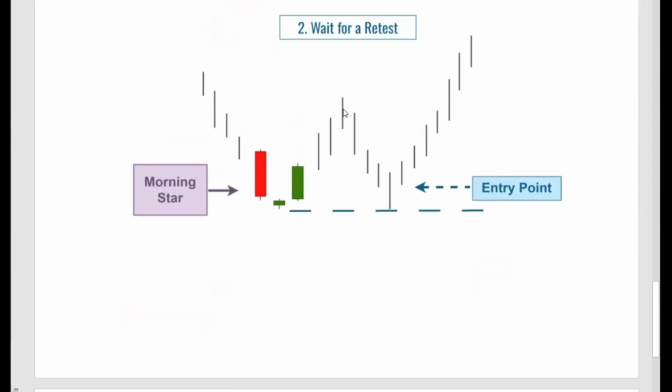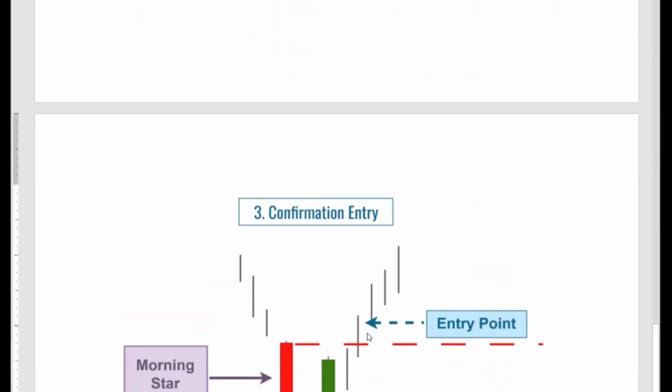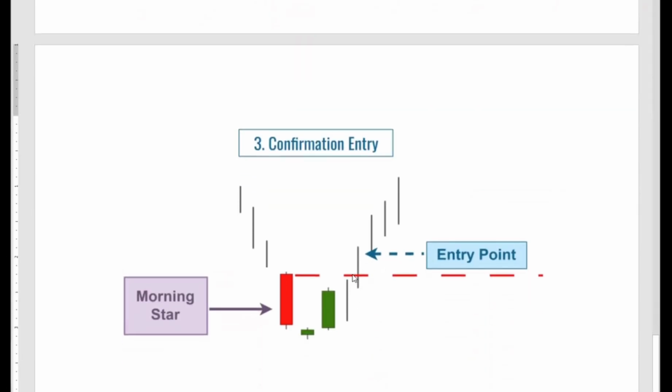If waiting for a retest, you need to wait for the price to hit the previous key level again, at the exact level of the Morning Star. For the confirmation entry, you just need to wait for the next, fourth candle to close, having the body close above the Morning Star. That is enough for you to enter the trade.